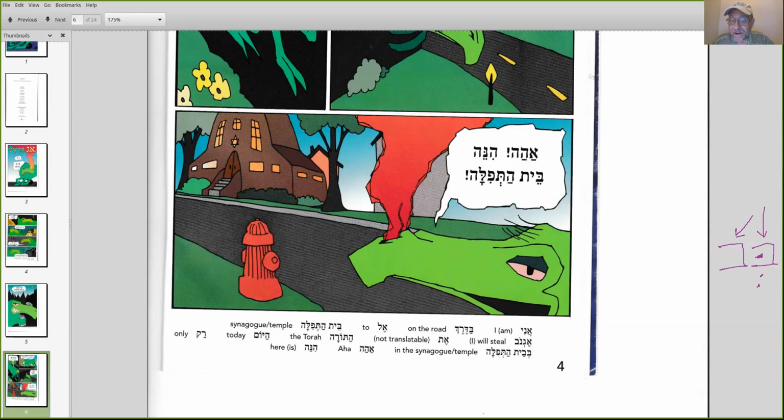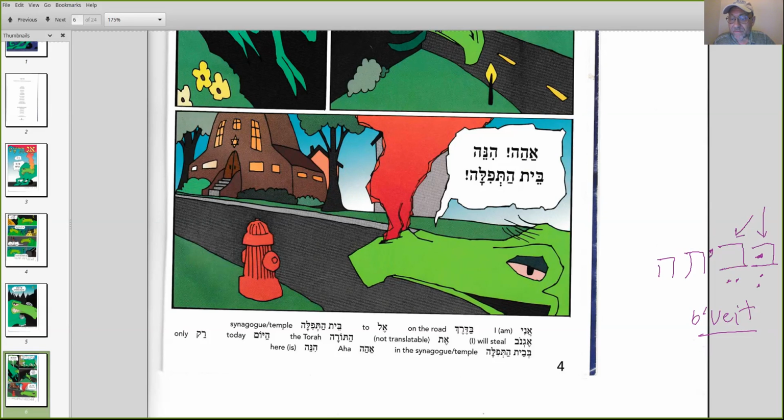So that's why we pronounce it ba, and then after the vet we have a tsere and a yod and then a tav. Okay, so ba-veit, ba-veit. That's what that means. In a house, or in the house, and then ha tefillah stays the same.